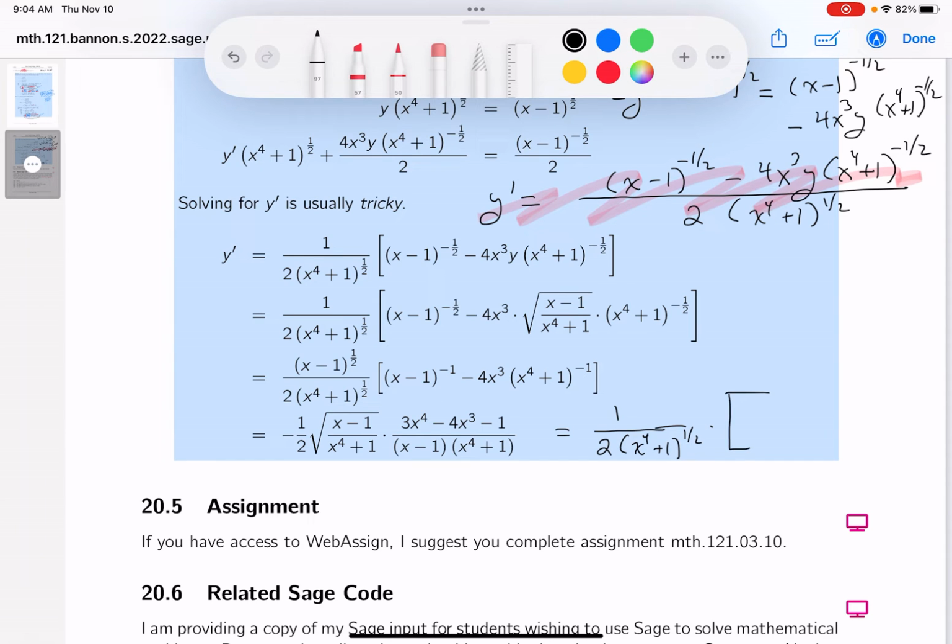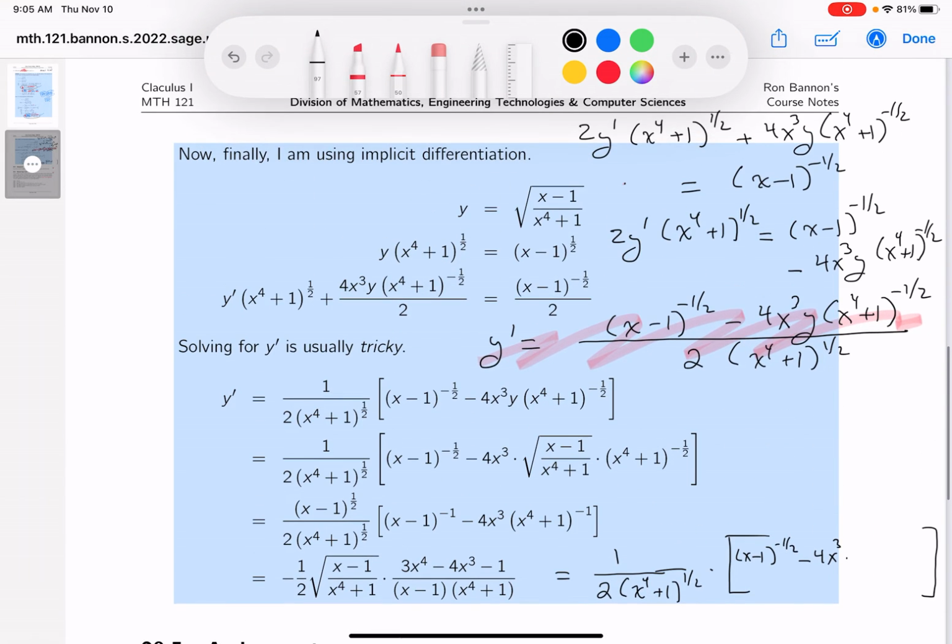And let me do that inside now, which looks really kind of crazy to me. Well, it's going to be (x minus 1) to the minus 1/2 minus 4x cubed. What's the y? This is the y. Let me write that down.